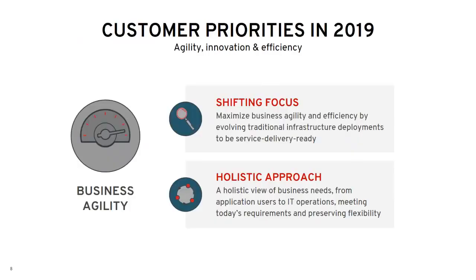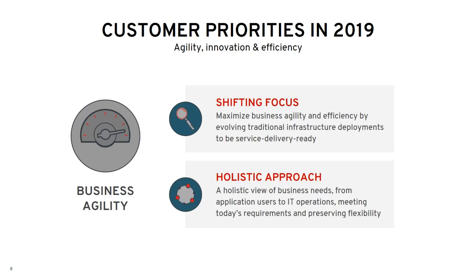So customer priorities in 2019, and we are at the beginning of 2020, so we are comparing from 2019 only. That is a completed year we are comparing with. So what are the customer priorities we have seen? They requested agility, innovation, and efficiency. Business agility mainly.